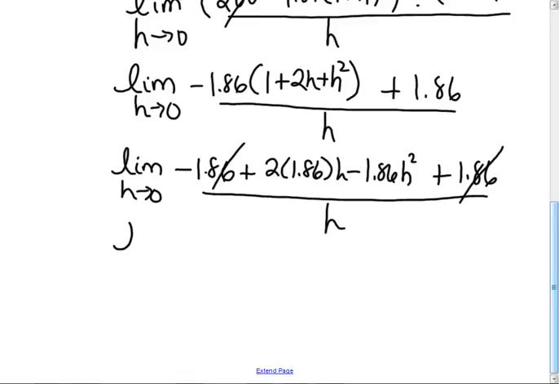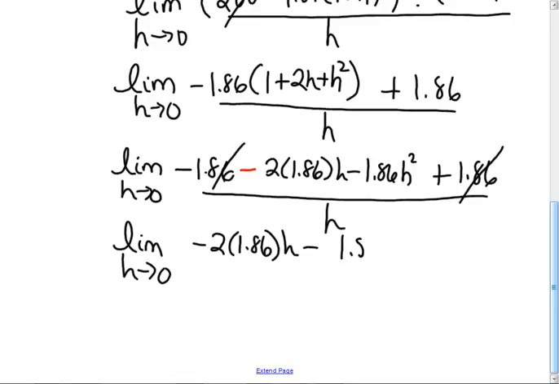And so it's the limit as h goes to 0. Now, some of you know this from physics. And did I make a sign error? I did. Back here, because when I multiply by that negative 1.86, I should have a negative in there. And we'll talk about what that means. 2 times 1.86, because I'm too lazy to multiply that out. And then it's 1.86 h squared divided by h.